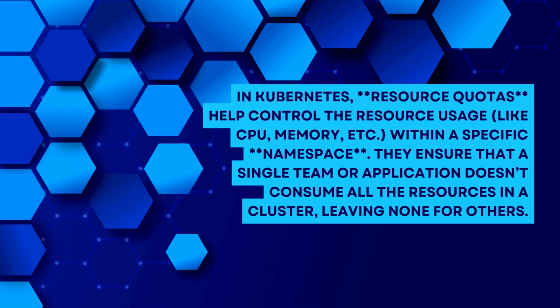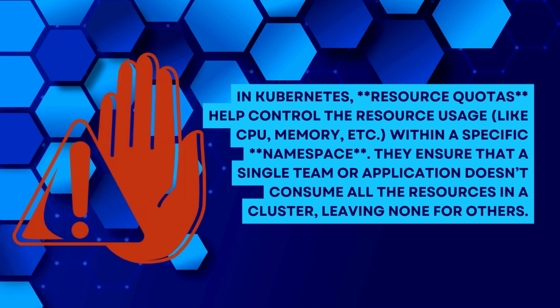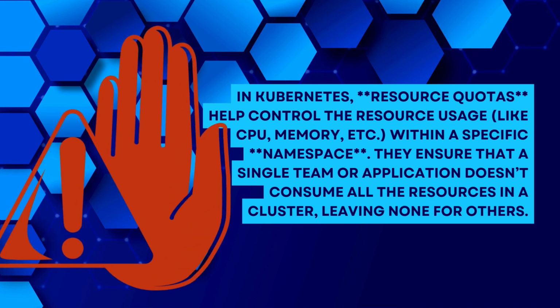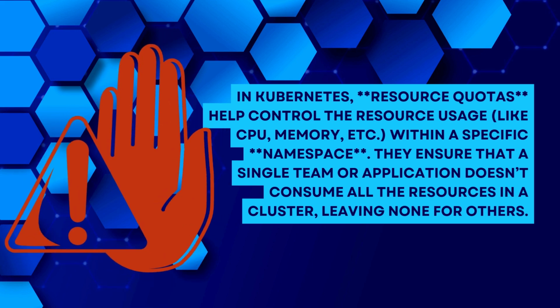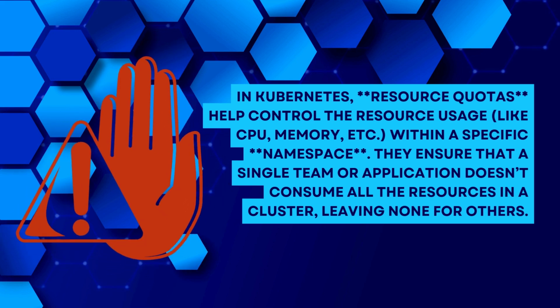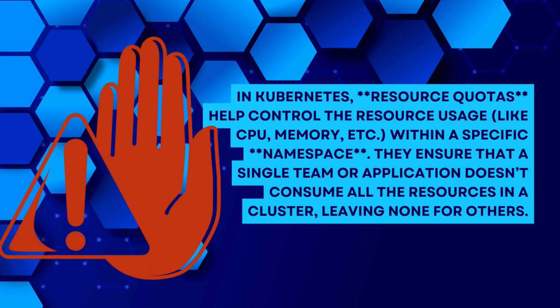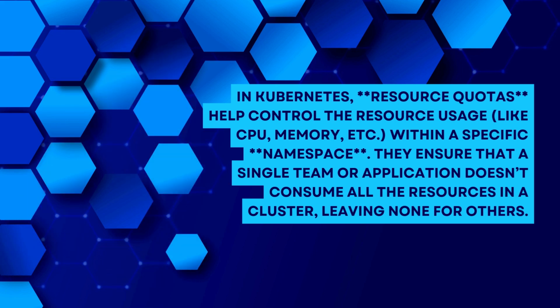They ensure that a single team or application doesn't consume all the resources in a cluster, leaving none for others. Think of them as limits you can set on how much total compute power or memory can be used by all the pods or containers in that namespace.